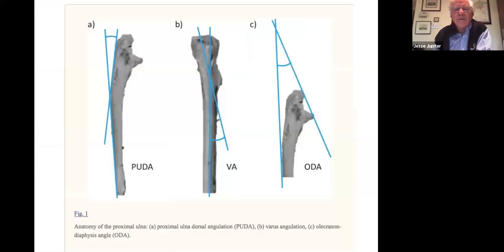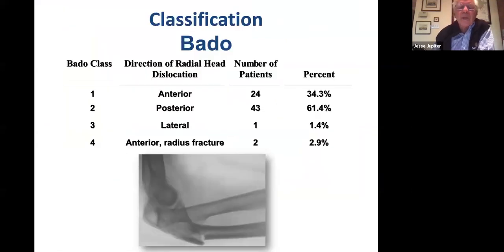Remember too, when you're treating these, that the ulna is not straight. It has a dorsal angulation of about 7 degrees and a varus angulation as well. Just keep that in mind when you're treating those. Many years ago, Bado, looking at pediatric type fractures of the so-called Monteggia, realized that there are different patterns per se.